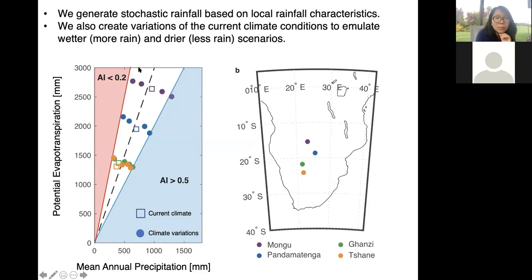We also generate variations of the current climate conditions by emulating either wetter scenarios, which are the points to the right of this dashed line, or drier scenarios, which are to the left of this dashed line. We emulate these wetter or drier conditions by simply changing how much rain these locations receive.